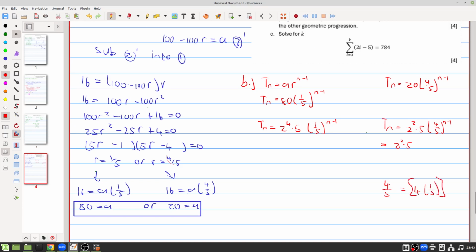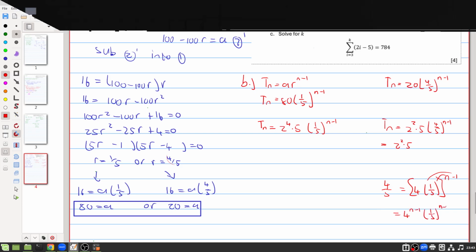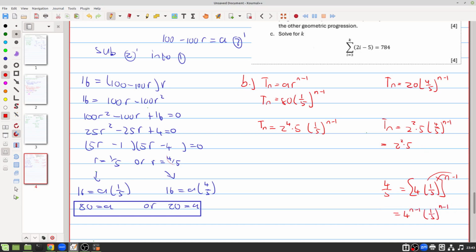And if we have this, we can take the n minus 1 exponent to both things inside. So we can say that is 4 to the power n minus 1 times 1 over 5 to the power n minus 1. So I'm just going to split this up into this: times 4 to the power n minus 1, and then 1 over 5 to the power n minus 1.